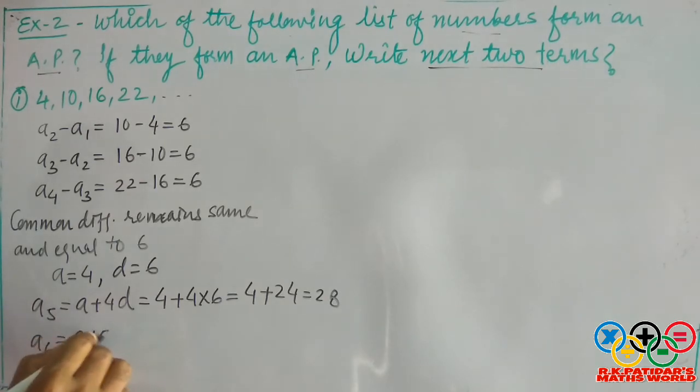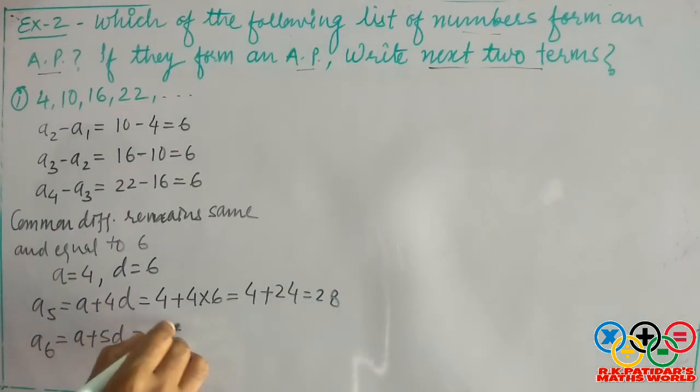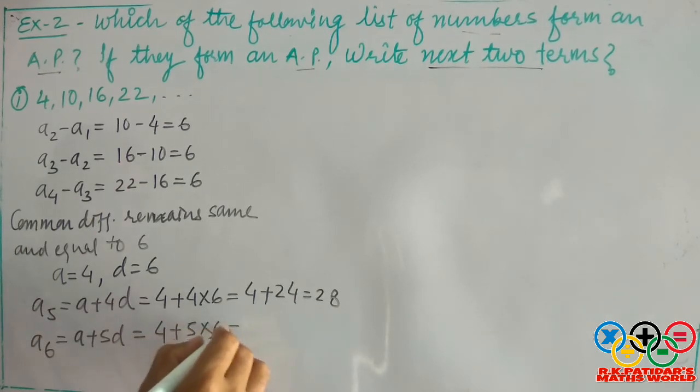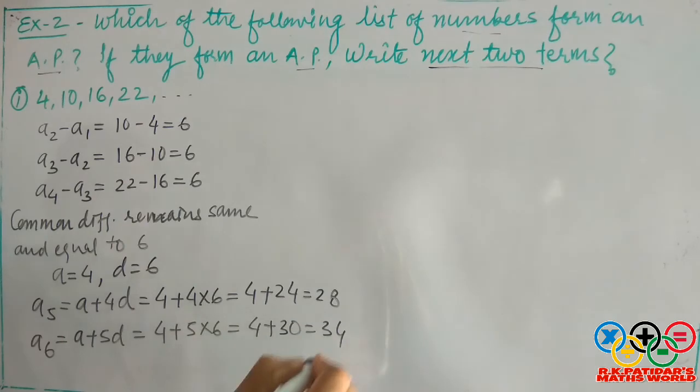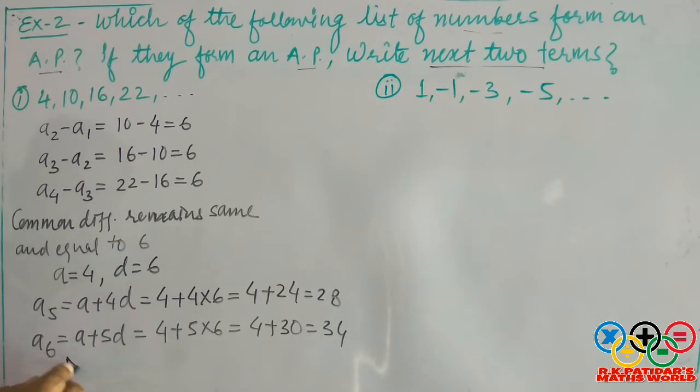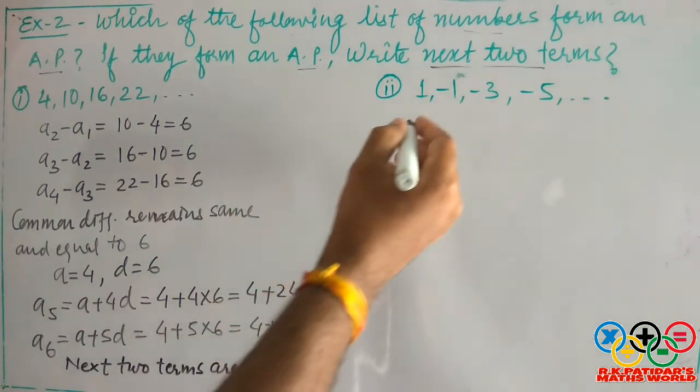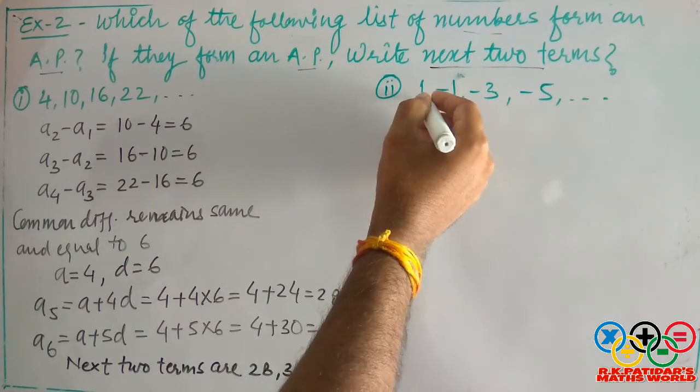Sixth term is a plus 5d, means 4 plus 5 into 6. That is 4 plus 5 6 are 30, that is 34. So next two terms are 28 and 34.